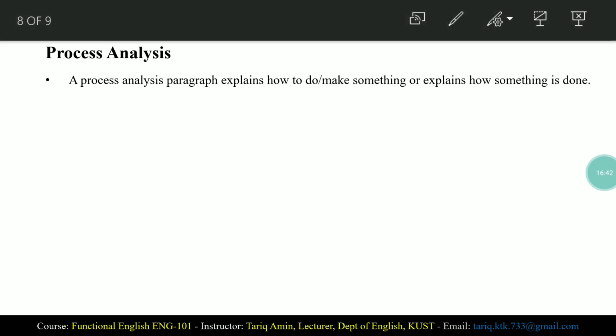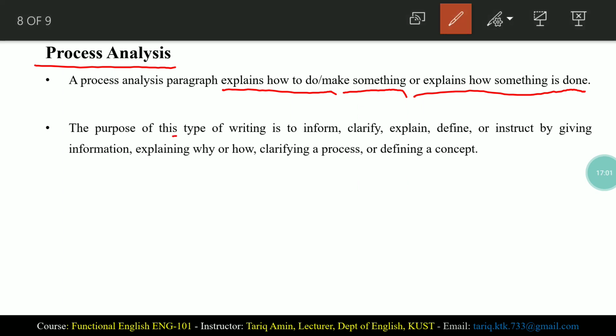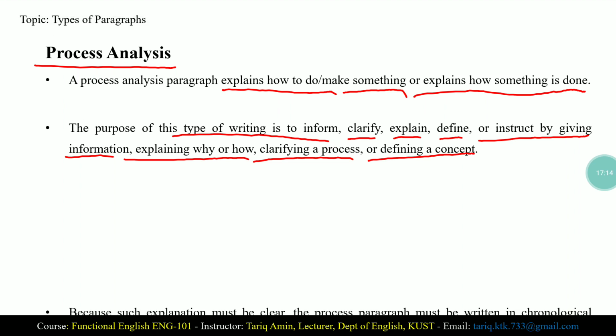A process analysis. This is another type of paragraph, that is process analysis. A process analysis paragraph explains how to do or how to make something, or it explains how something is done. The purpose of this type of paragraph is to inform, clarify, explain, define, or instruct by giving information, explaining why or how, clarifying a process, or defining a concept.